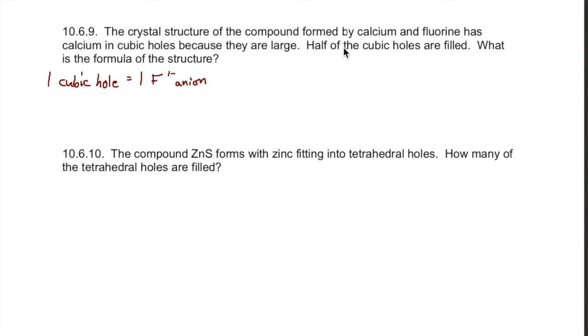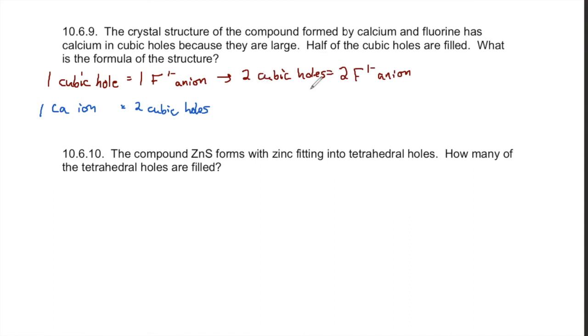And then we are talking about half the cubic holes being filled. So for every 2 cubic holes, 1 of them is filled with a calcium ion. So there's 1 ion for every 2 holes. That makes them half filled. So let's go ahead and double this so we have something that corresponds to 2 cubic holes for this relationship as well.